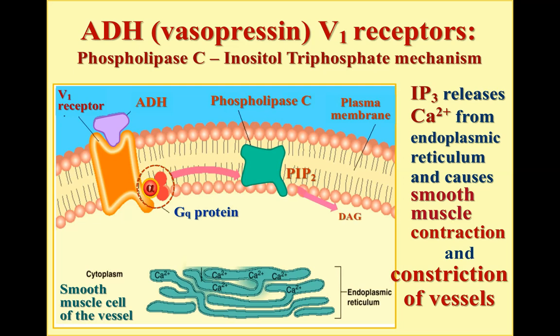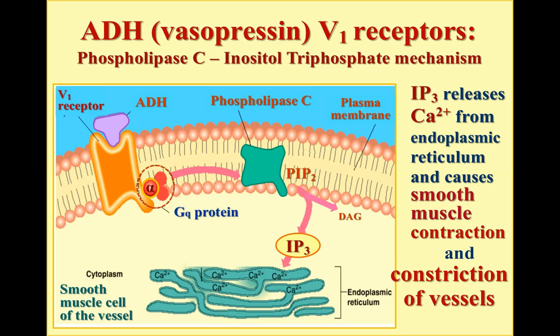One is diacylglycerol, which activates protein kinase C, which also contributes to the final effect, but generally it's enough to mention that inositol triphosphate is another second messenger produced by activation of this pathway. And inositol triphosphate is the ligand for ligand-gated channels for calcium in the endoplasmic reticulum.